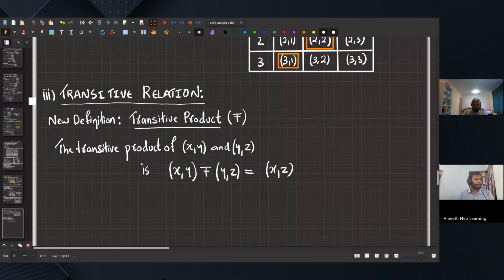The letter y is actually deleted, so x comes here and z comes here, and y is gone.